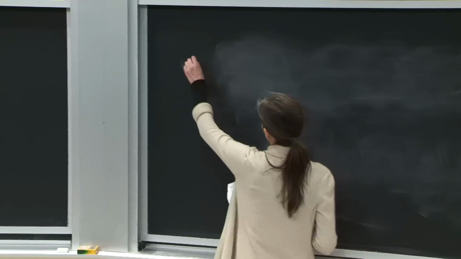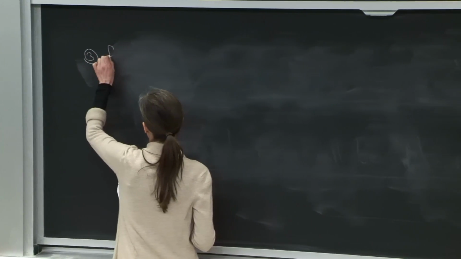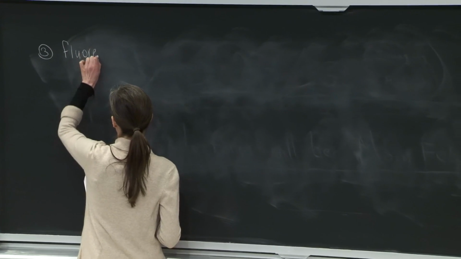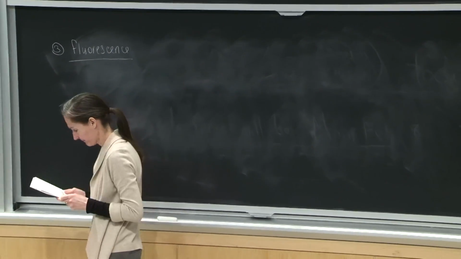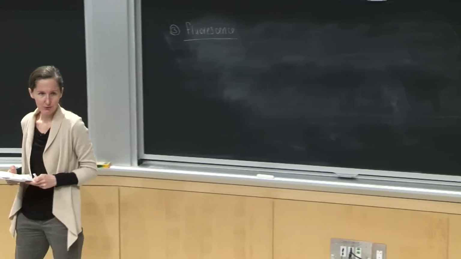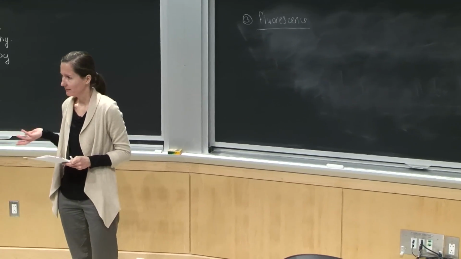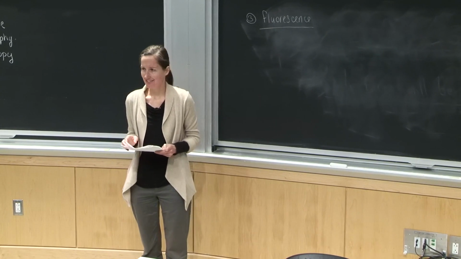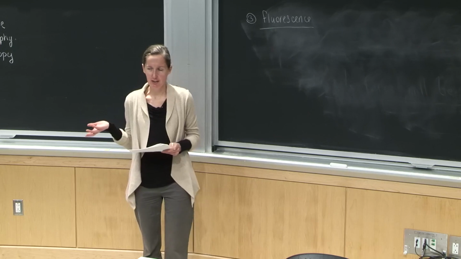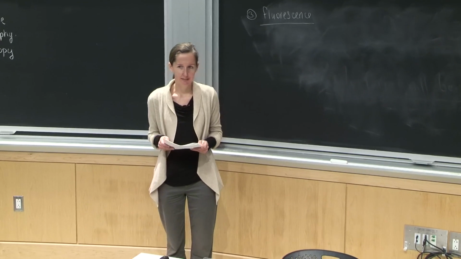Okay, what about fluorescence? How many of you have done an experiment that involves fluorescence, either in lab or in your research? How many did that involve a fluorescent protein?